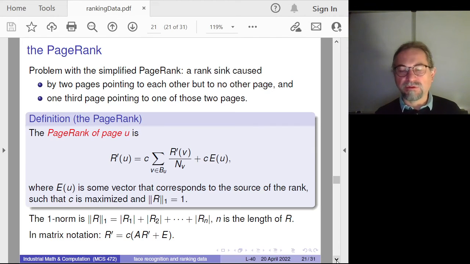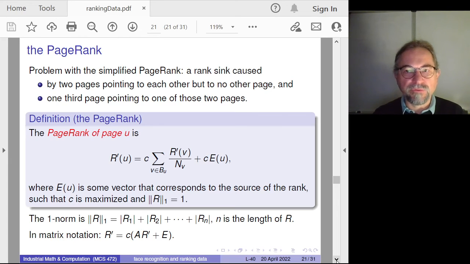If you observe that you're getting in a circle, you will point out. So to avoid this, this model of the PageRank takes this into account.